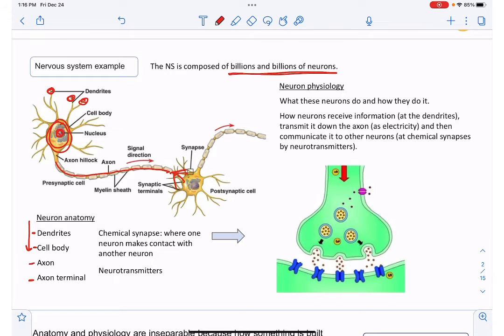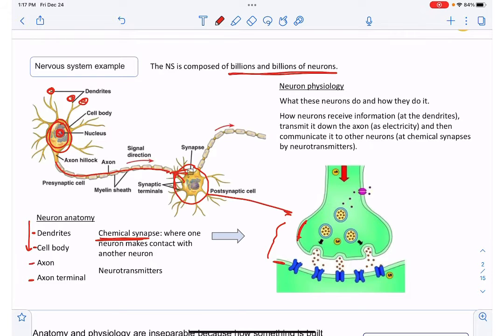And then what happens is the axon terminal makes contact with another neuron. And that's what we're looking at right here. This is the axon terminal from one neuron making contact with another neuron. And we call this area where the two neurons make contact with each other the chemical synapse.